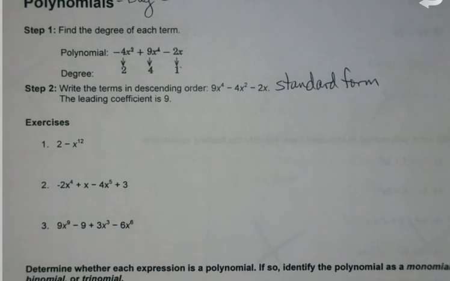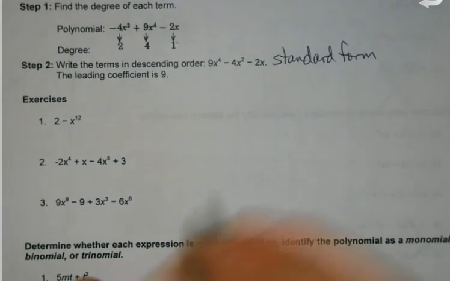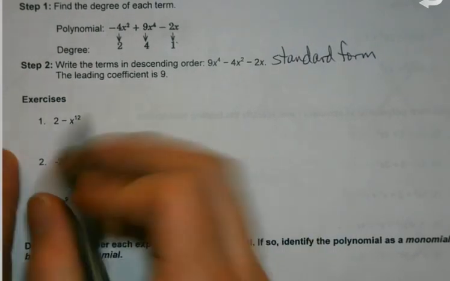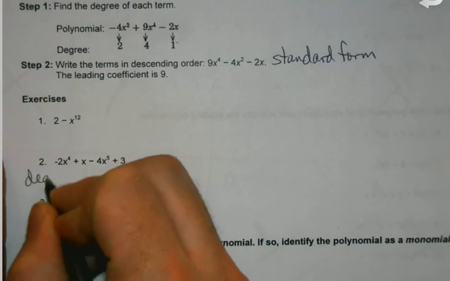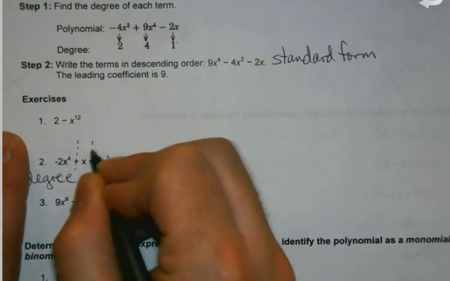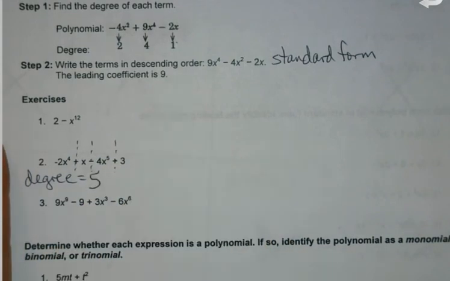So like if I was doing number 2, first things first, what's my degree going to be for number 2? What's the biggest exponent on a single term we see? 5. And once I have that, we're going to write it in standard form.